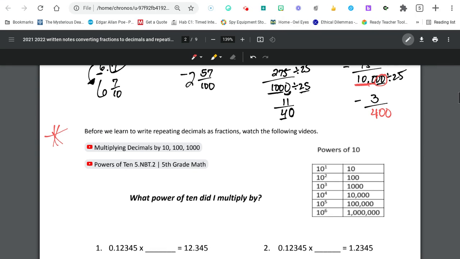Okay, so you all should see that multiplying by powers of 10 moves the decimal right. And it moves it to the right the same amount of spaces as zeros that it has.